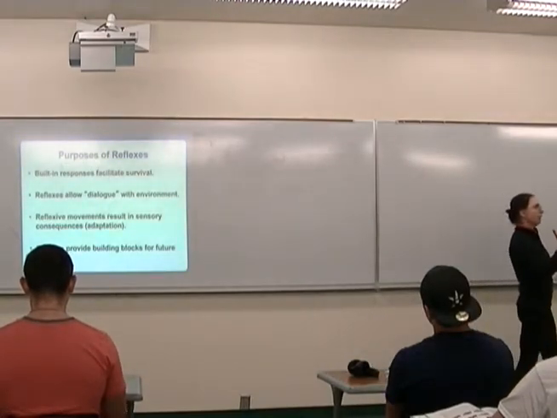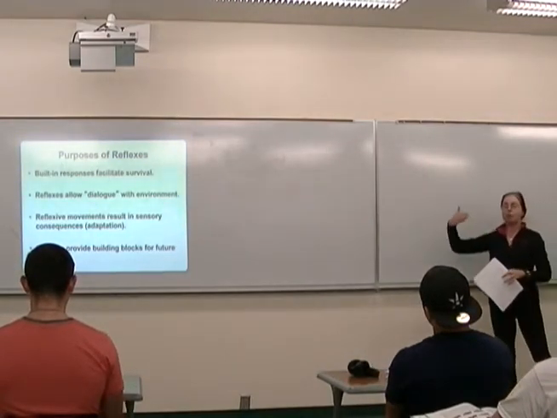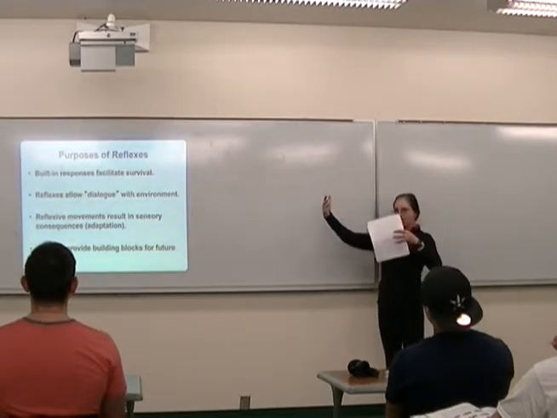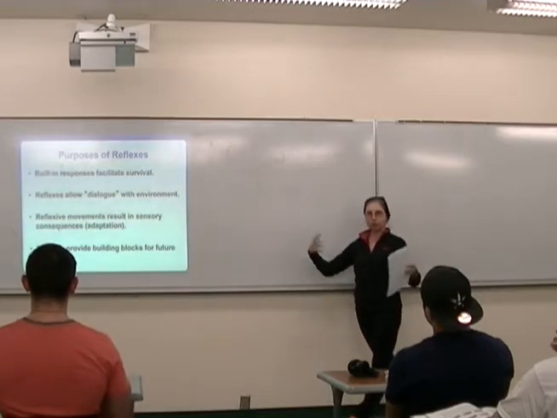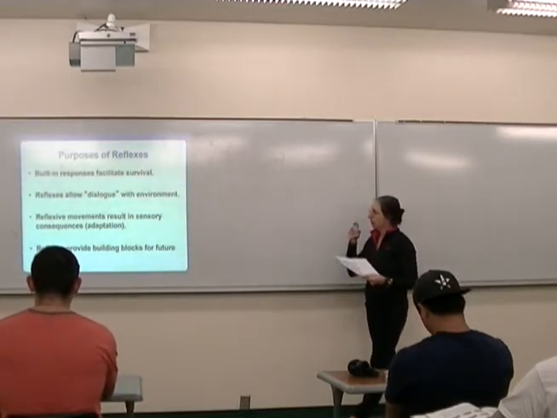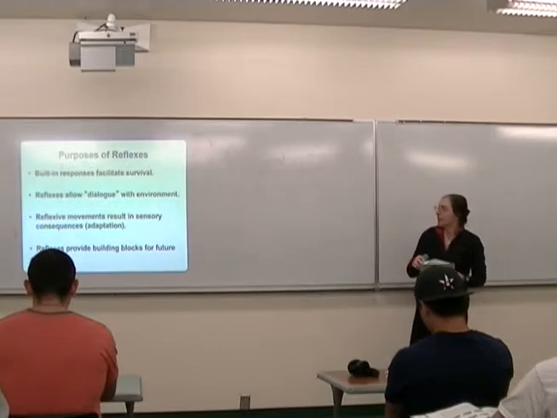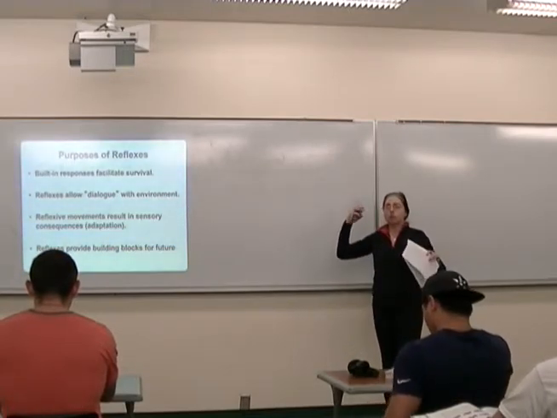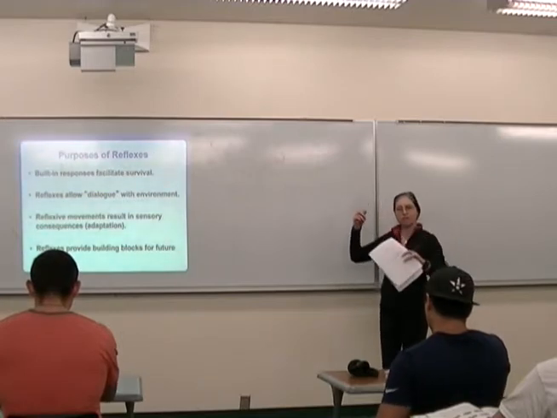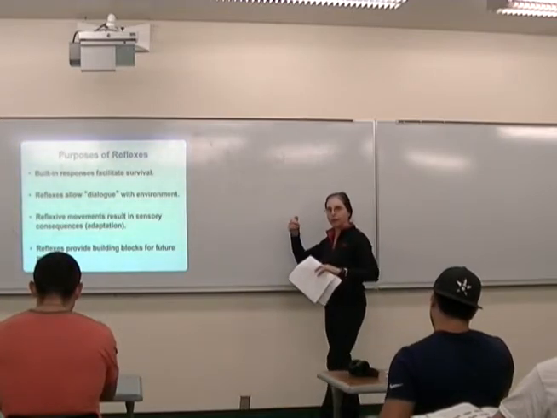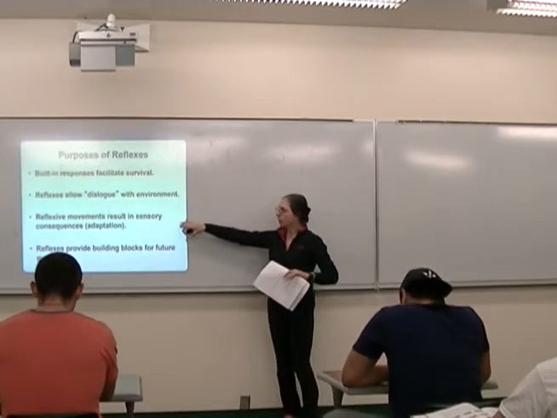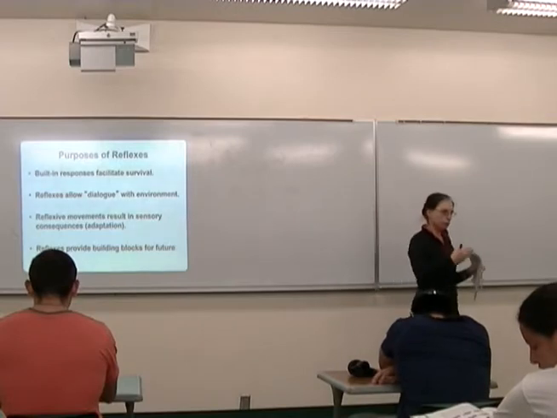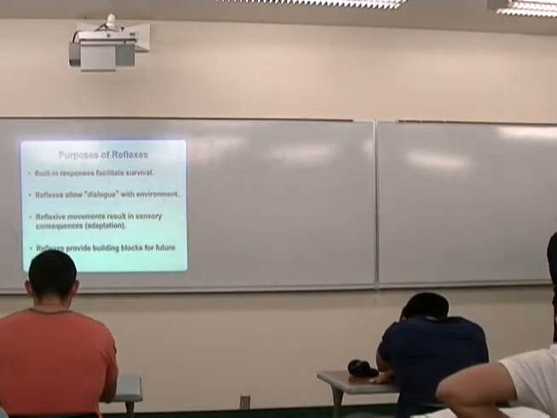It might not be a deliberate movement, but that movement has repercussions that allow the baby to start to learn about things going on in the environment. They get sensory consequences. They're not cognitive of this, but their brain gets feedback that tells it what the consequence was, so next time it does that movement, it knows what's going to occur.